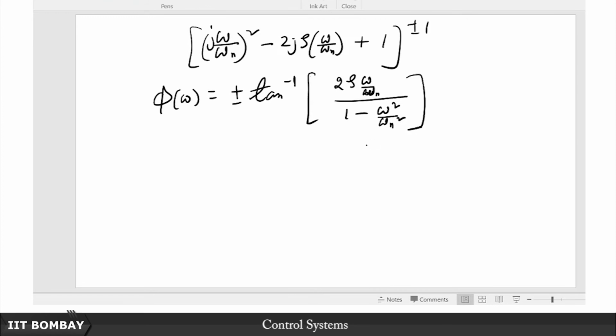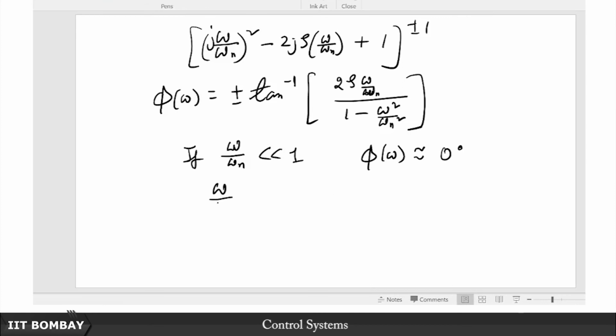Again as before, if omega upon omega n is much less than unity, you can treat the denominator as unity itself, and it's just 2 zeta omega upon omega n, which is almost 0. So obviously phi omega can be approximated by 0 degrees.